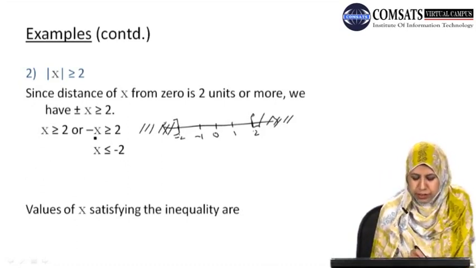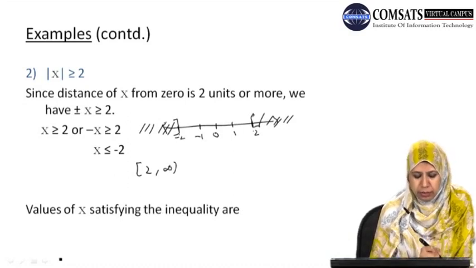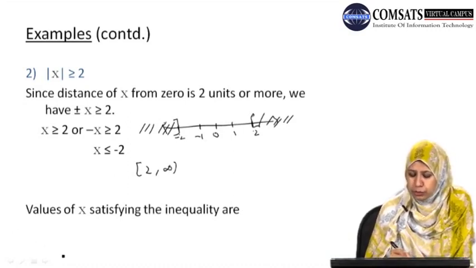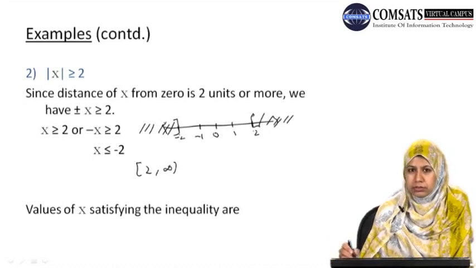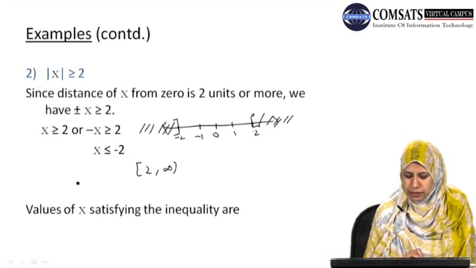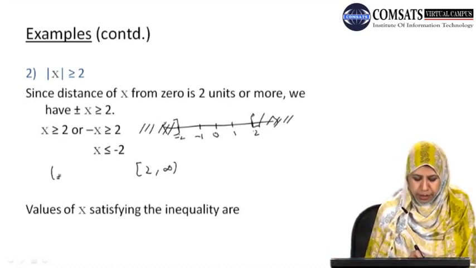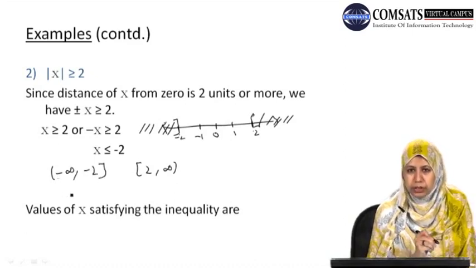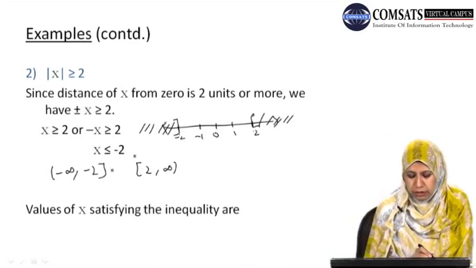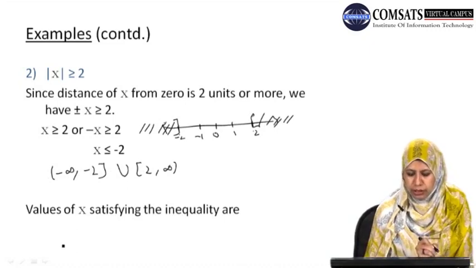When x is greater than or equal to 2, we have square bracket 2 up to infinity, because we have the sign greater than or equal to and it tends towards the positive side. The second possibility says that x is less than or equal to minus 2, so minus infinity is not included and minus 2 is included with the square bracket. The solution of this inequality is the union of these two intervals.